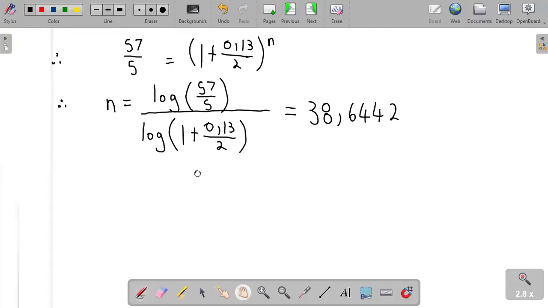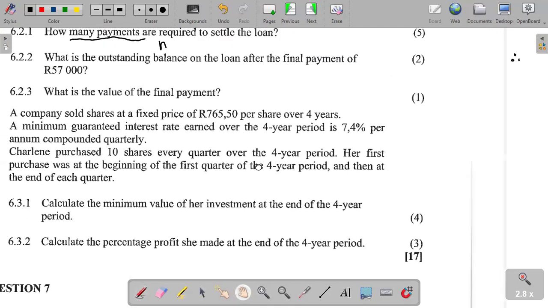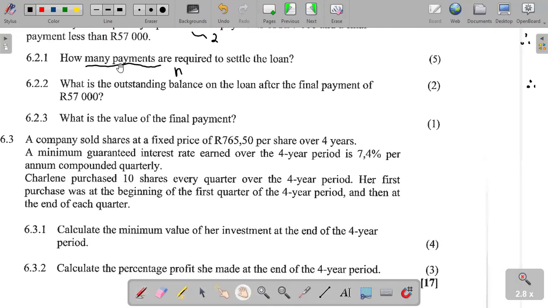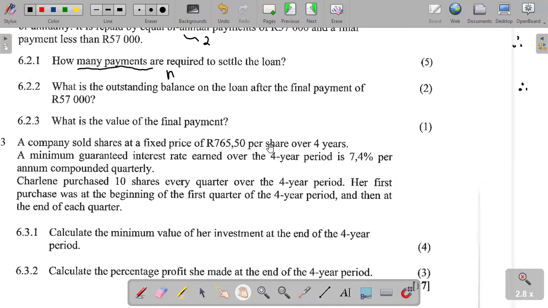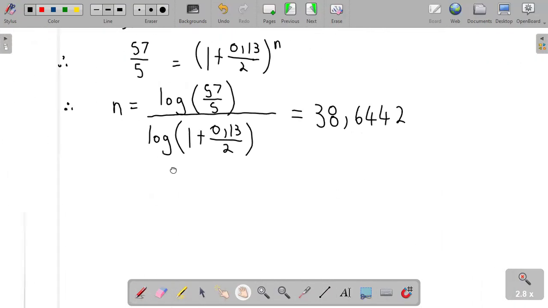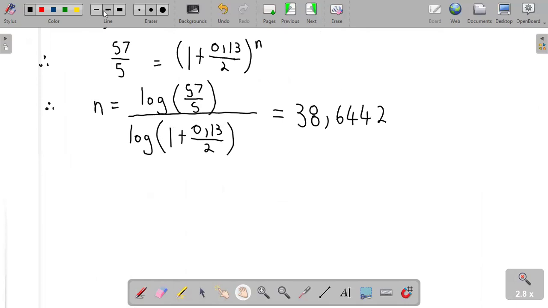Okay. So the n has to be, if they say how many payments, what does the n have to be? Because they say how many payments, which means they're looking for n. We're then going to say therefore n will be, because 38 will not be enough because there are still decimals here.